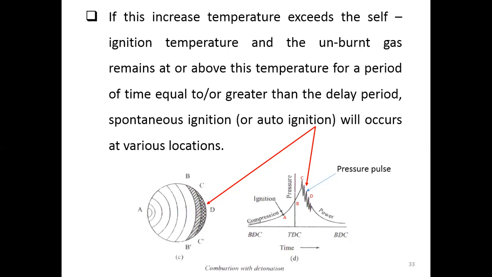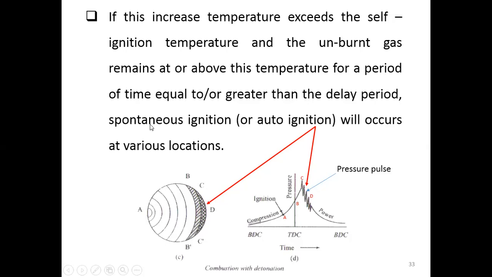That's what they mention here: the temperature of the end gas goes up beyond the ignition temperature, and this unburned gas that is still not receiving the flame front remains at or above this temperature for a period of time equal to or greater than the delay period.